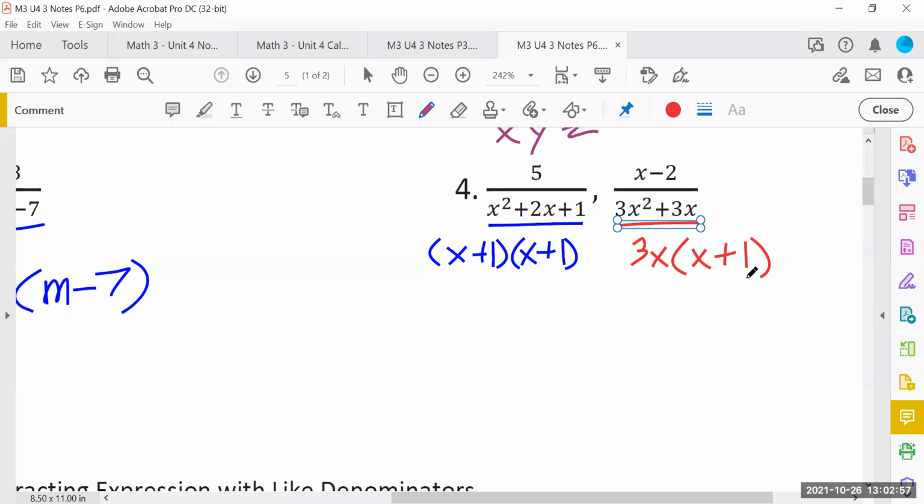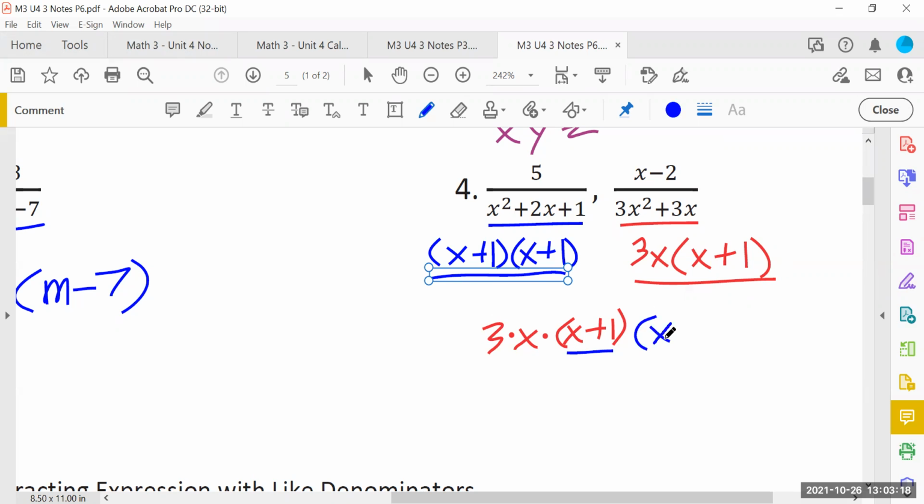So when I'm putting together my least common denominator, I could start with the red one and say, okay, I need all the pieces in there because right now it's empty. 3 times x plus 1. I need all those pieces. And then when I get to the other one, this one needs 2 x plus 1s. I already have 1. I need 1 more. If I went the other way and started with the x plus 1s, I'd have 2 x plus 1s.